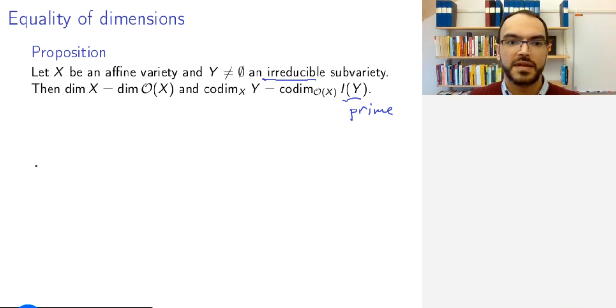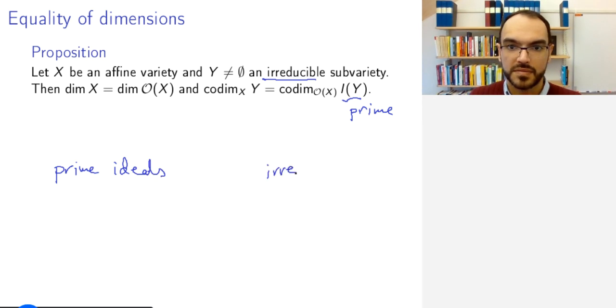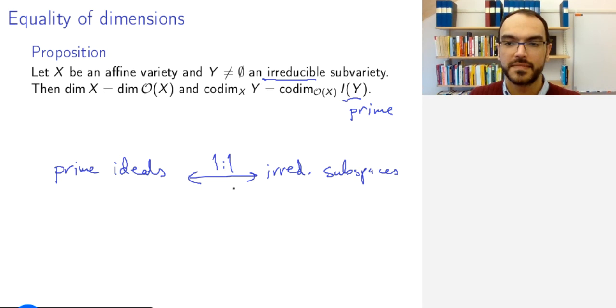The reason for this is this bijection between prime ideals and irreducible subspaces. There we have this one-to-one correspondence that reverses inclusions. So in particular, it doesn't change the lengths of chains of prime ideals or irreducible subspaces. Therefore, the dimension as defined in terms of irreducible subspaces is the same as the dimension as defined in terms of prime ideals.